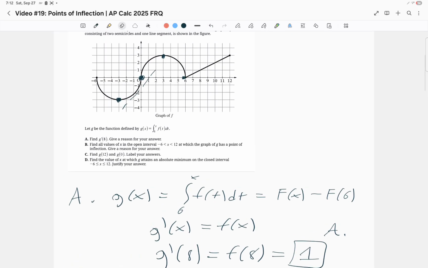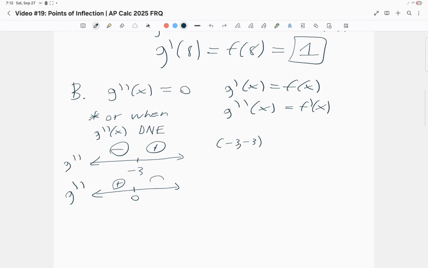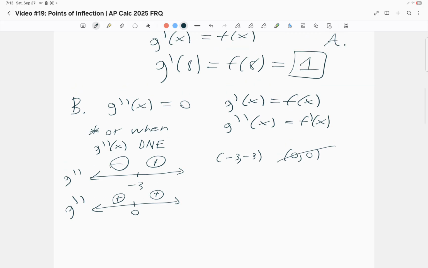If we look here, a little bit past 0, we also still have a positive slope. The slope of the tangent line to points immediately after 0 is still positive. So there is no change in the sign of the second derivative. So (0, 0) is not a point of inflection.